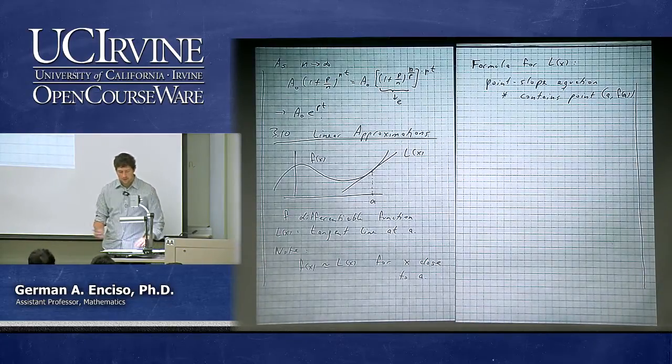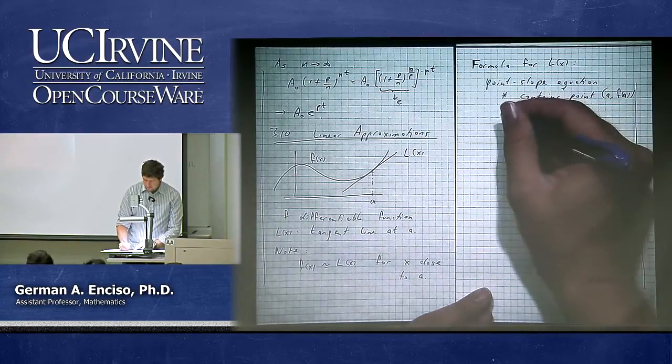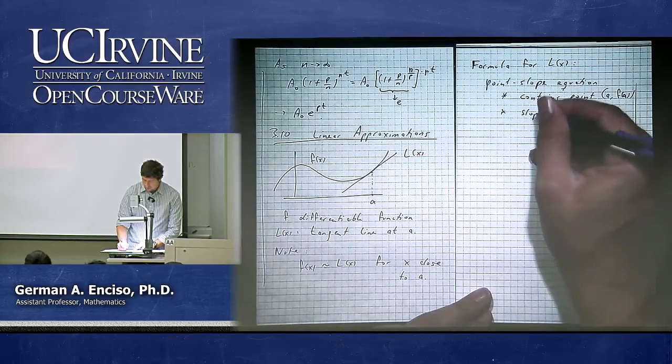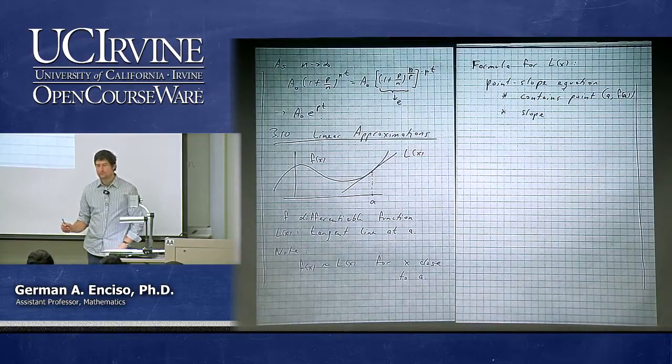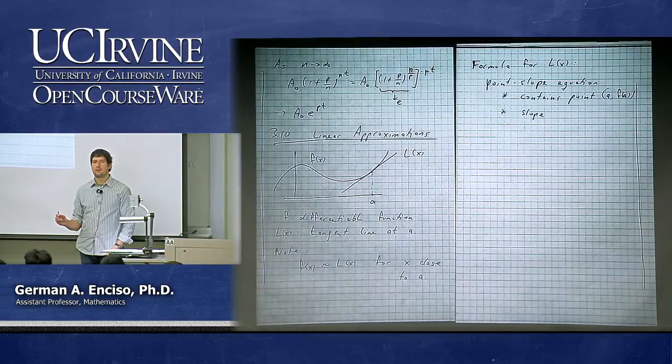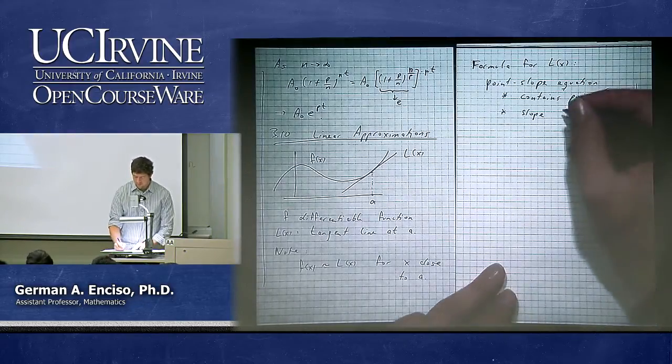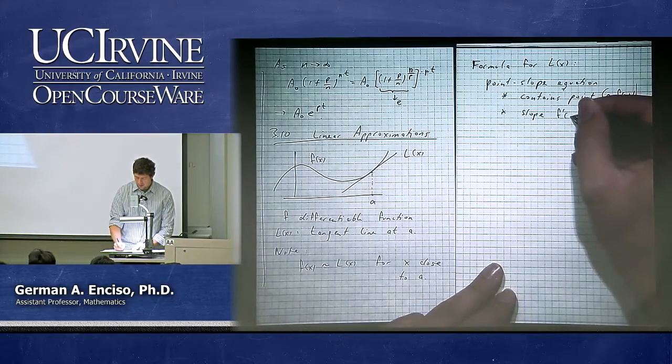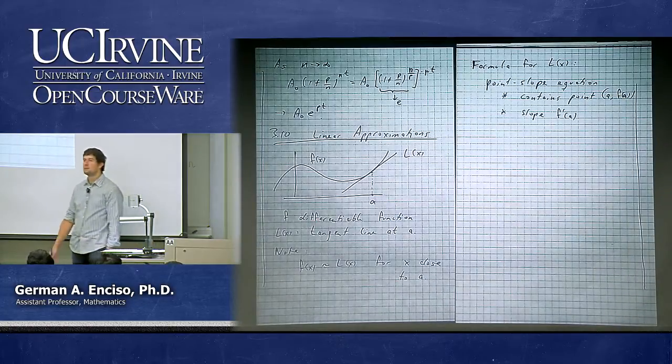That's right. And what slope does it have? What is the slope of L? It's the derivative of f at the point a, right?